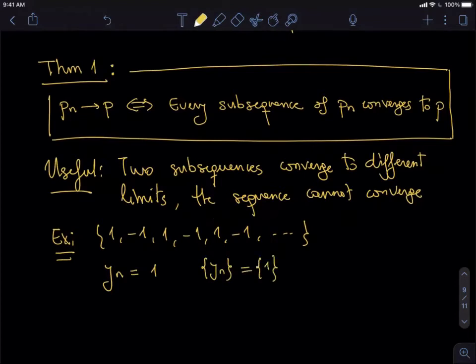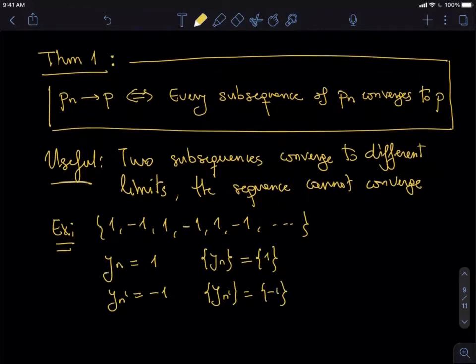And we could have the Yn prime, which is always -1. For these two subsequences, the limit of the first would be 1, the limit of the second would be -1. So the original sequence Pn has no limit.